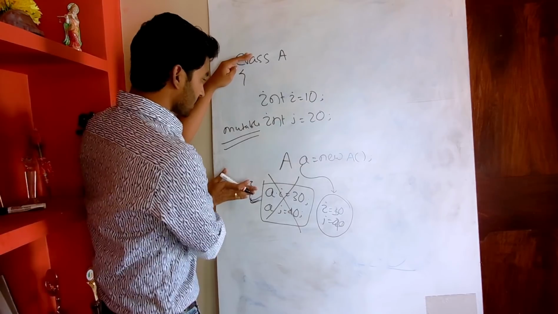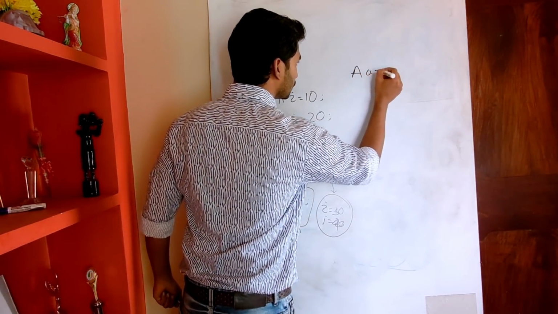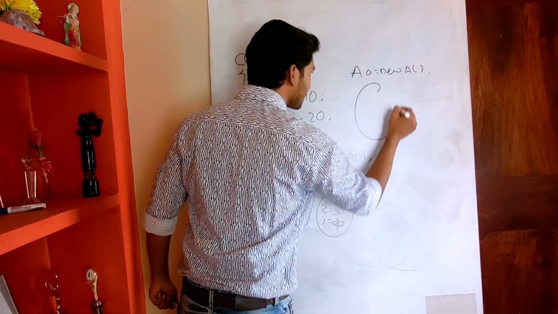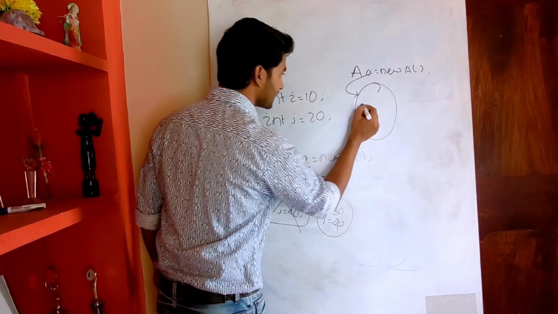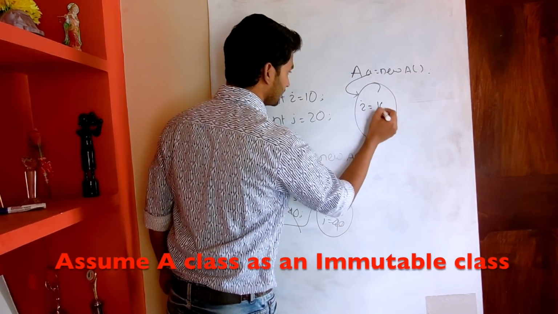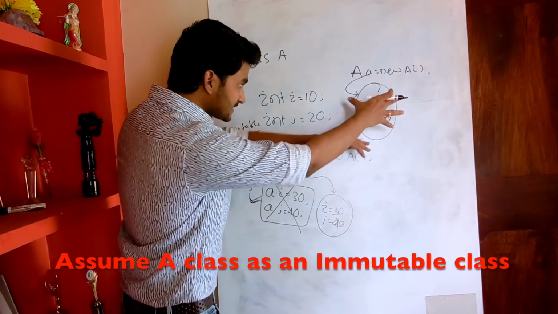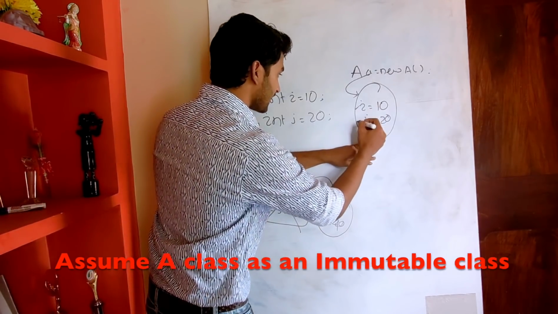Think that this is an immutable class and I'm creating an object A a equal to new A. Now an object is getting created. a is referencing this particular object. I have i equal to 10 and j equal to 20. Once the object is created, I cannot change the properties i and j.